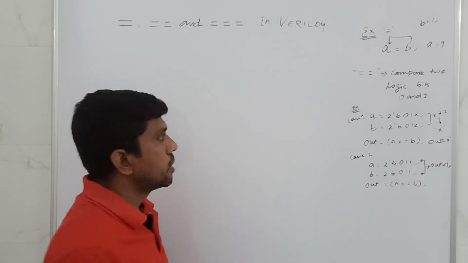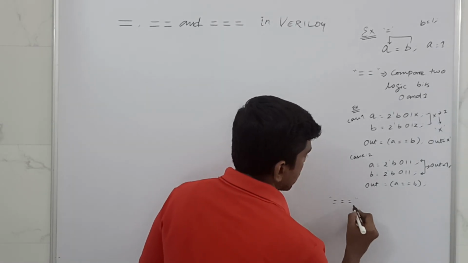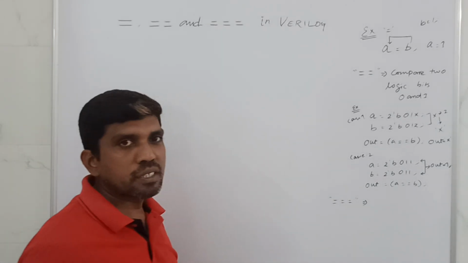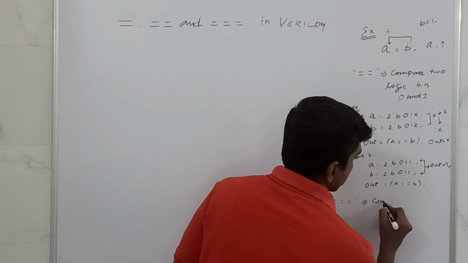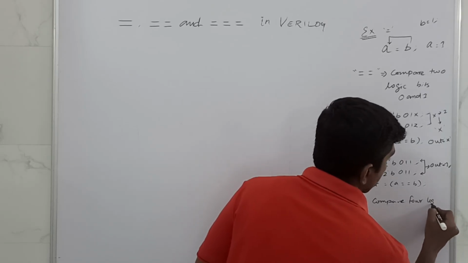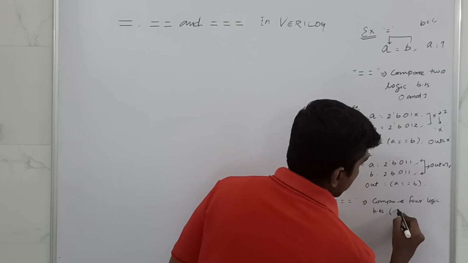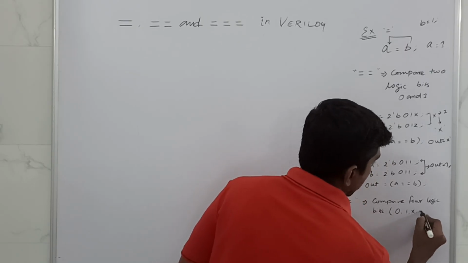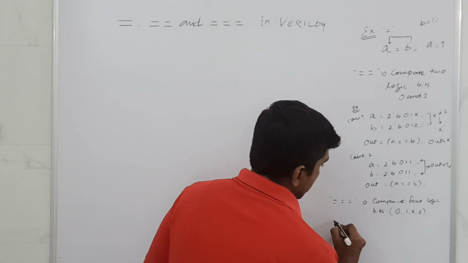Then come to triple equal. Triple equal means compare four logic bits, including 0, 1, x and z.